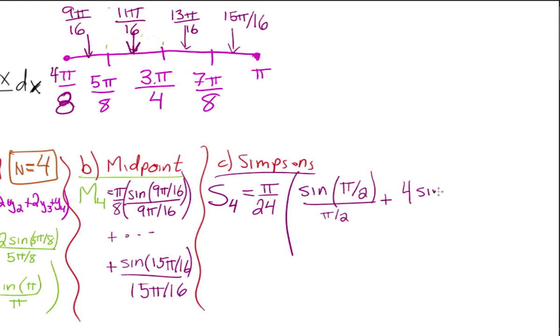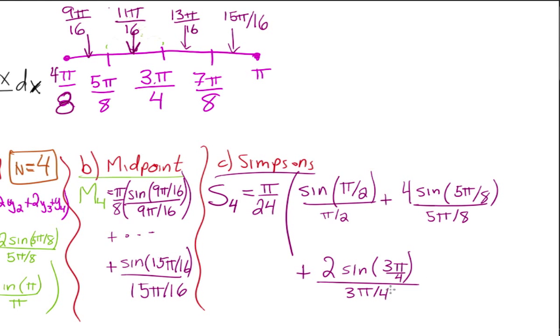So 4 sine of 5 pi over 8 over 5 pi over 8, plus 2 sine of 3 pi over 4 over 3 pi over 4, plus 4 sine of 7 pi over 8 over 7 pi over 8, and then plus 1 sine, right?